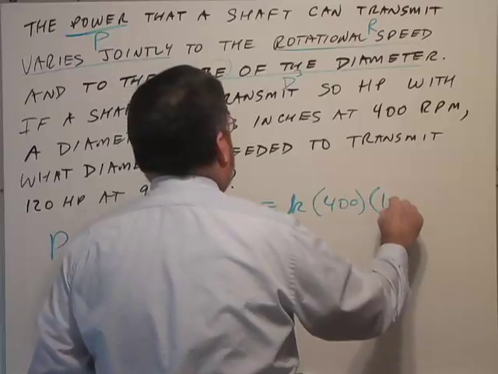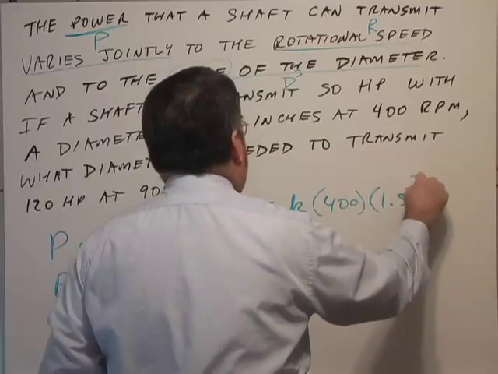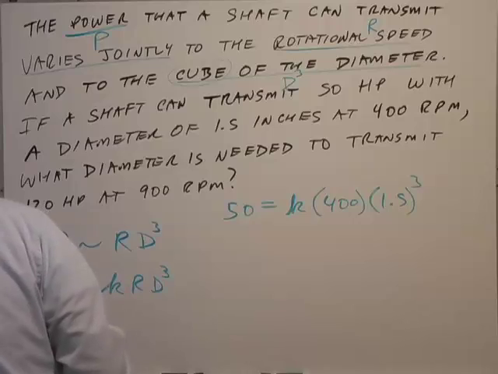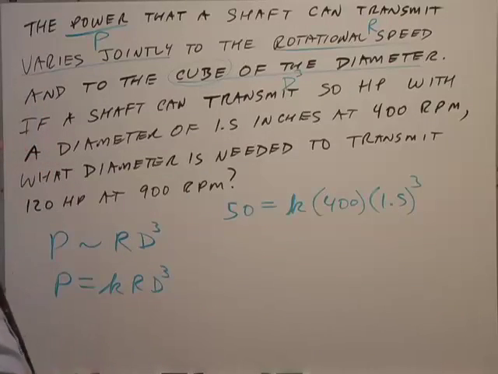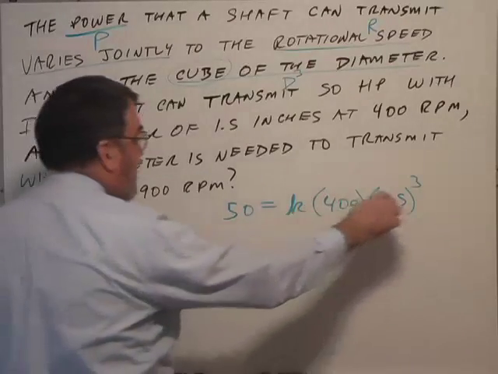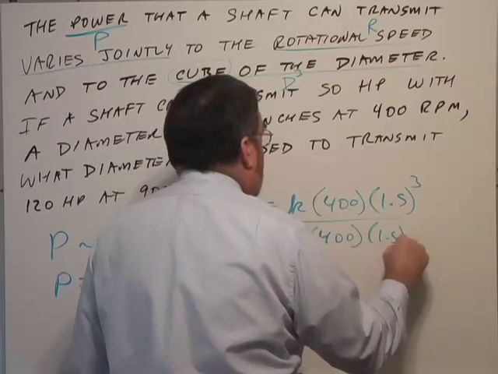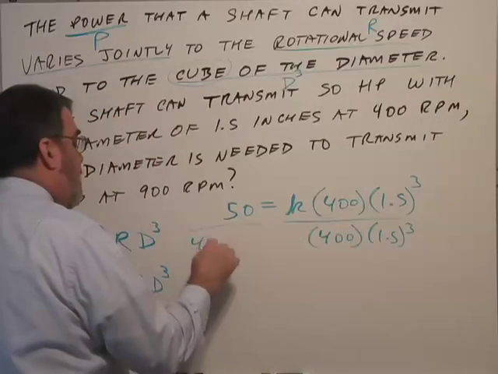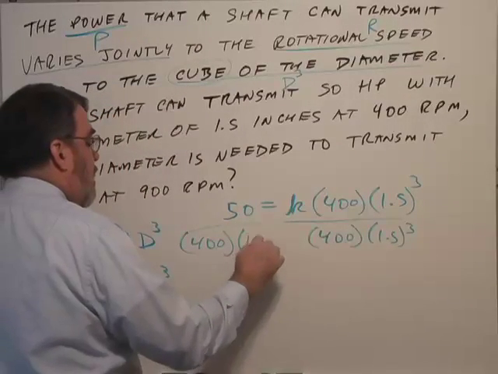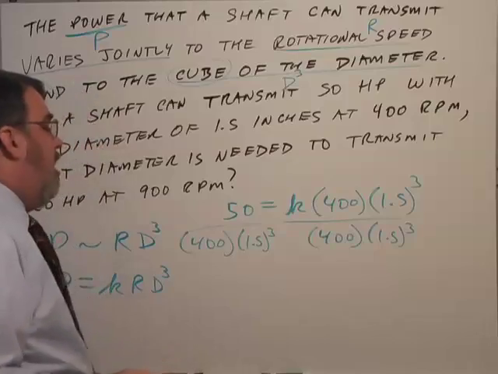And then D, diameter, is 1.5 to the third power. So to solve for K, I'm going to need to divide both sides by this quantity here, 400 times 1.5 cubed. And that solves for K.